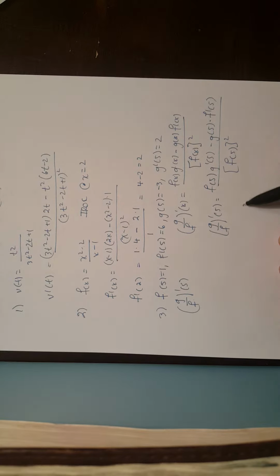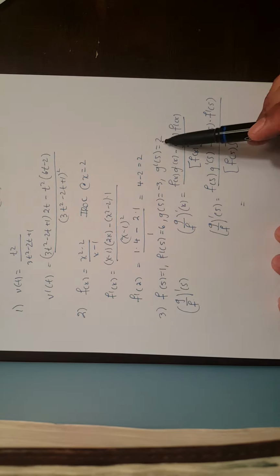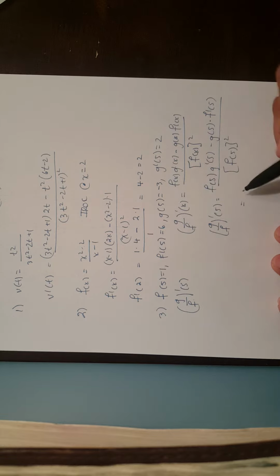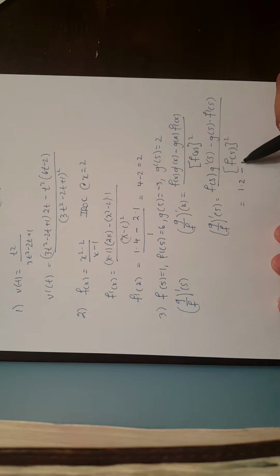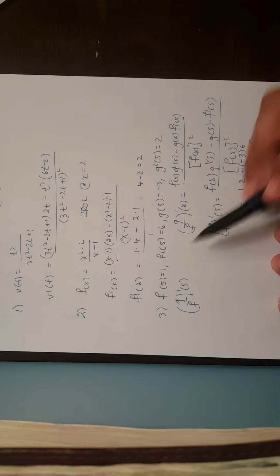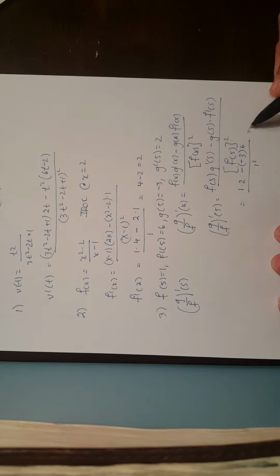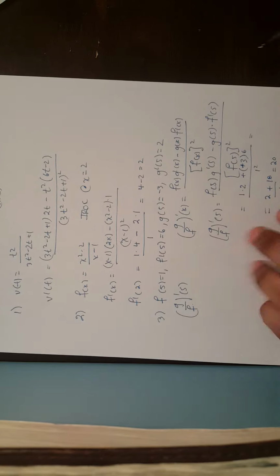Now we simply substitute the values we have. f of 5 is 1, so 1 times g prime of 5, which is 2, minus g of 5, which is negative 3, times f prime of 5, which is 6, over f of 5, which is 1, squared. This becomes a plus sign. So we get 2 plus 18 over 1, which is 20.